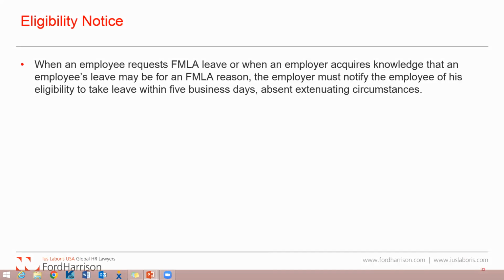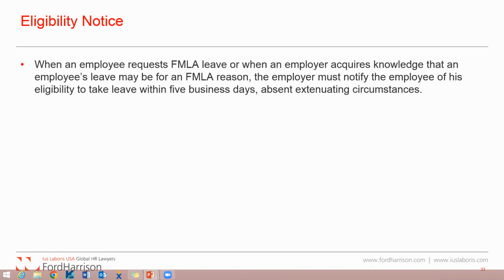But if there's not an extenuating circumstance, you have 5 days to notify the employee of their eligibility. Now, when you're notifying an employee of their eligibility, you want to be sure to detail their rights and responsibilities under the FMLA. We're going to talk about the healthcare professional notice and things of that nature. Those are things that the employee has a responsibility for themselves.